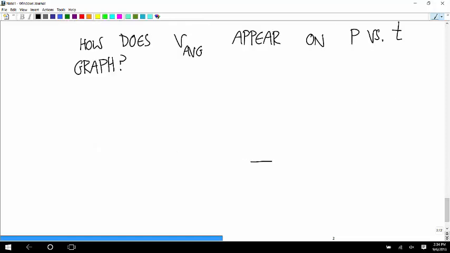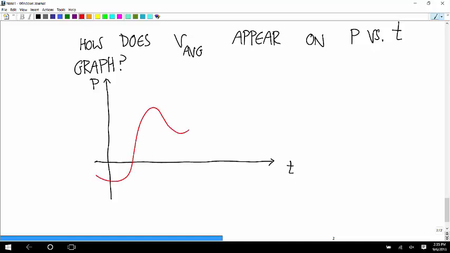So let me just draw a made-up position versus time graph. T on the horizontal, P on the vertical. And let's say that the object that represents its motion.